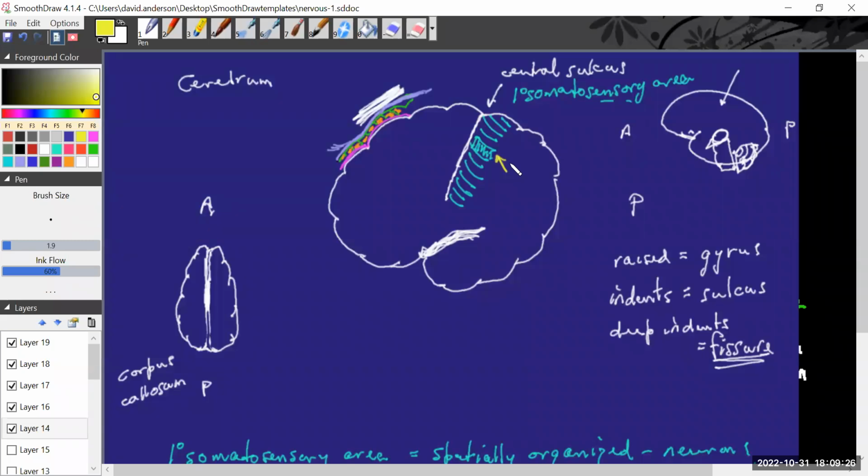If I squeezed the knee, then we would see a different area light up in response to that group of neurons dedicated to that part of the body. So when I say that it's spatially organized, that's what I mean. Groups of neurons reproduce the sensation from specific parts of the body, it's predictable and you can map it.